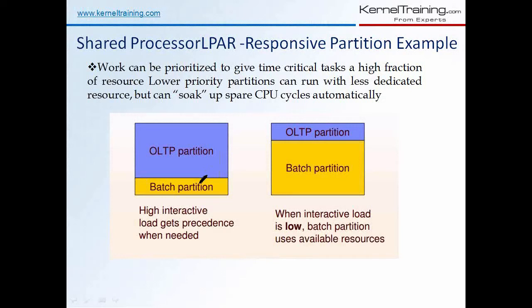The batch partition requires fewer CPU cycles, so automatically it gets fewer. How is it possible? Because of the shared environment and micro-partitioning. Sometimes the batch partition requires more CPU cycles, so automatically from the shared CPU pool it will get more CPU cycles according to the load.